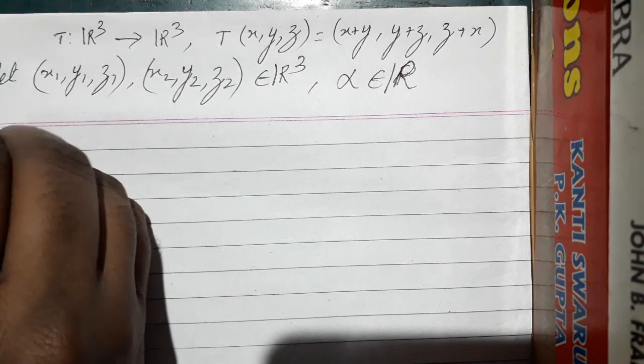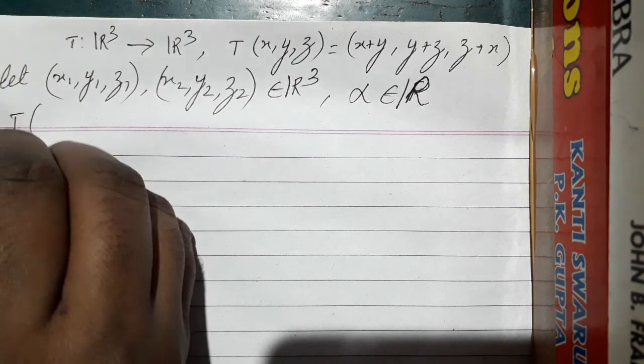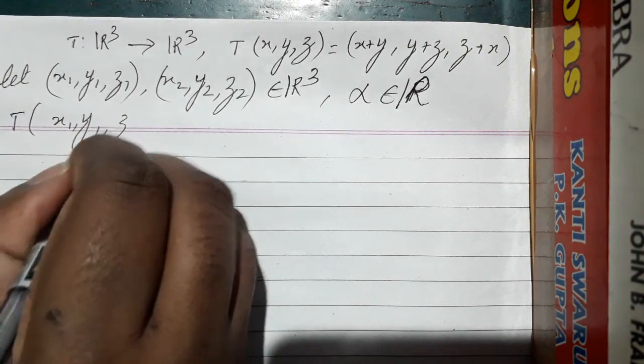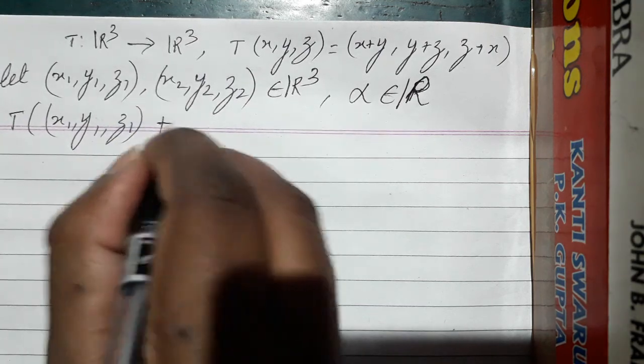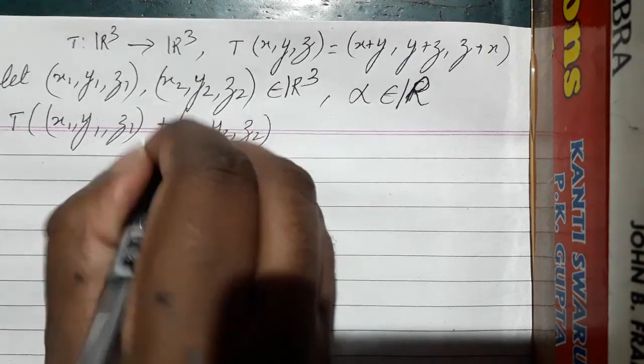So for the first condition of a linear transformation, I'll add them together: (x1, y1, z1) plus (x2, y2, z2).